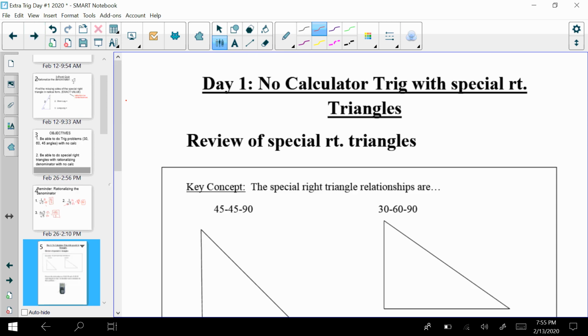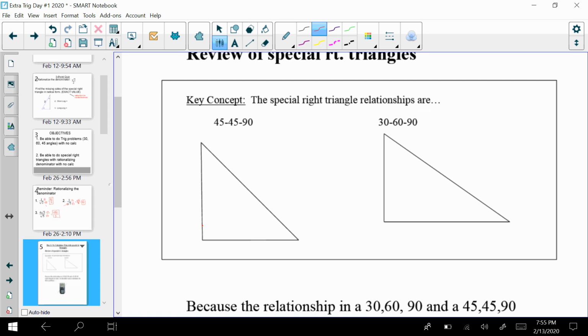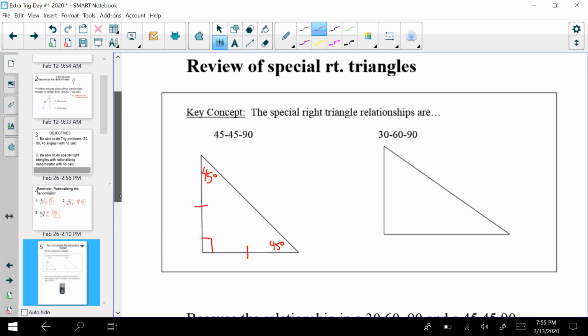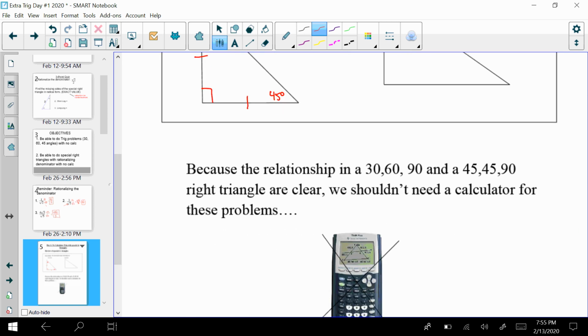Okay, so we're going to review our special right triangles. We know relationships, hopefully, from last time that if the two legs on the isosceles 45, 45, 90 triangle are x and x, then this side's going to be x radical 2. So to simplify things and for our calculations, we are going to make x equal 1.